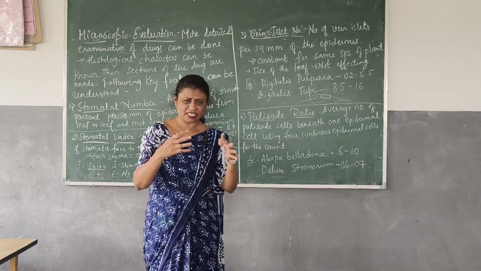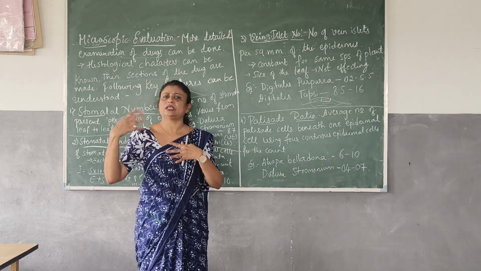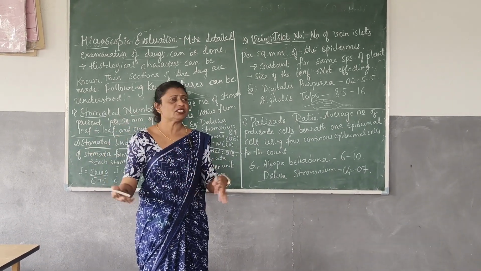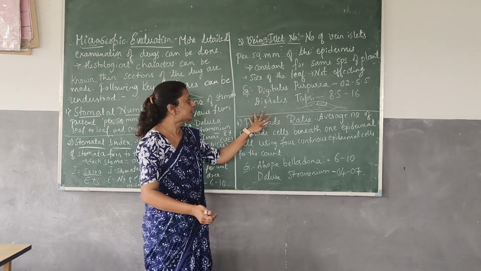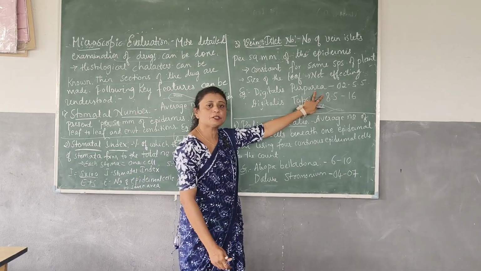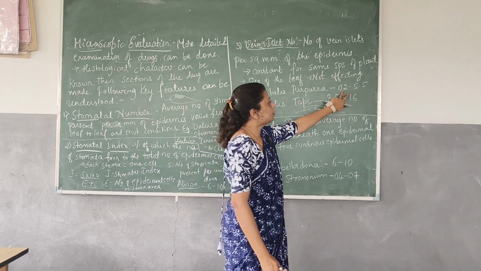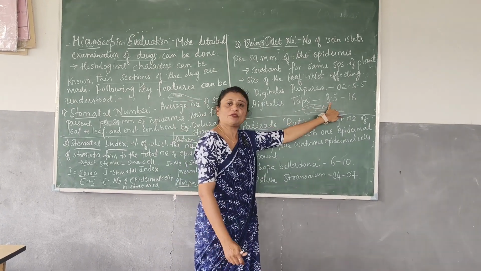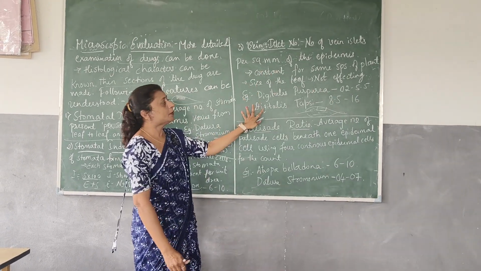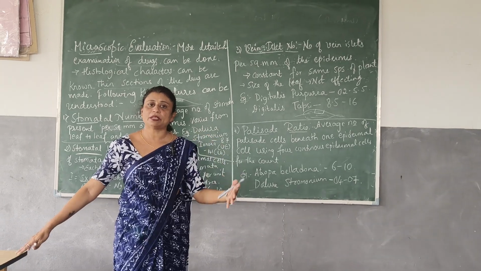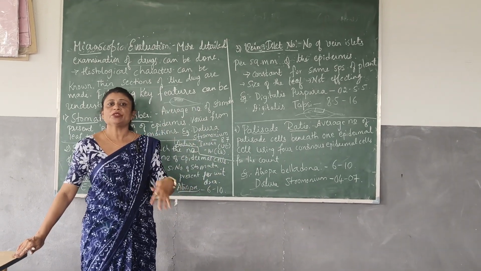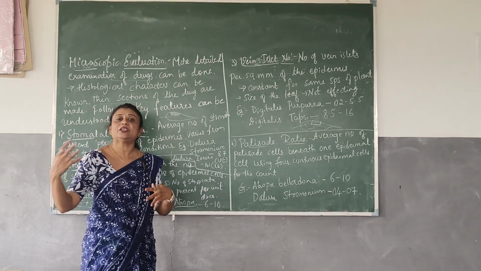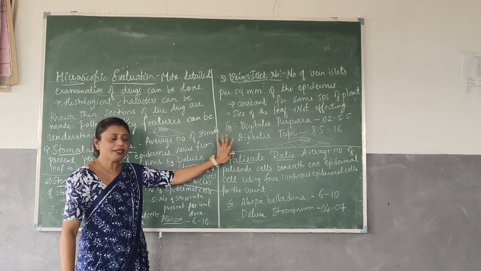Whether the leaf is small or large, it does not affect the vein islet number. The example is Digitalis purpurea, where the vein islet number is 2 to 5.5, and Digitalis lanata, 8.5 to 16. So the vein islet number is the number of vein islets per square millimeter of the epidermis, and the size of the leaf does not affect it.